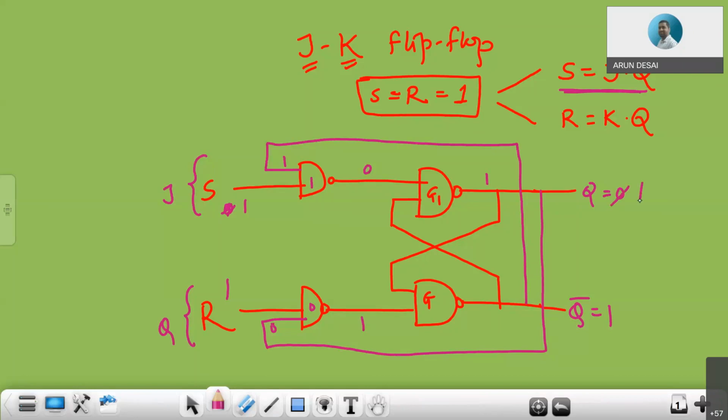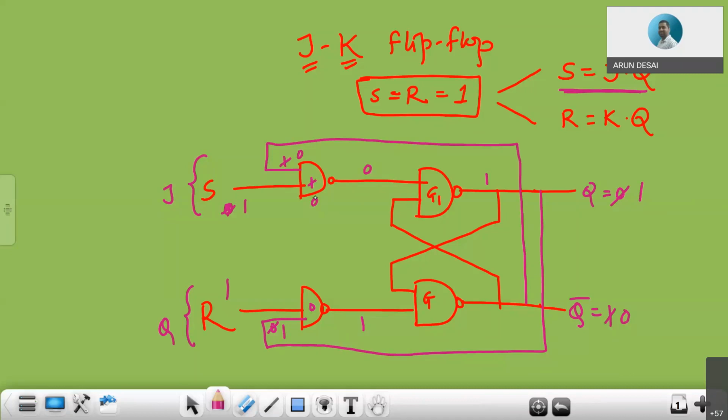If Q is 1, that means Q complement is 0, right? Now again, Q complement is connected to here, and Q is connected to here, which becomes 1, right? So if it is 0 and this is 1, that means this is 0.